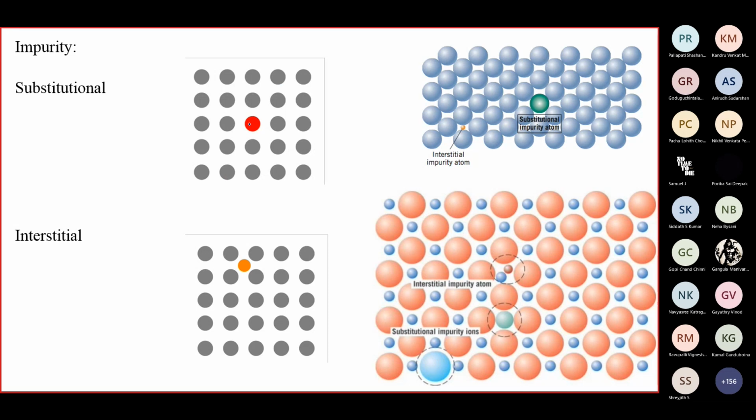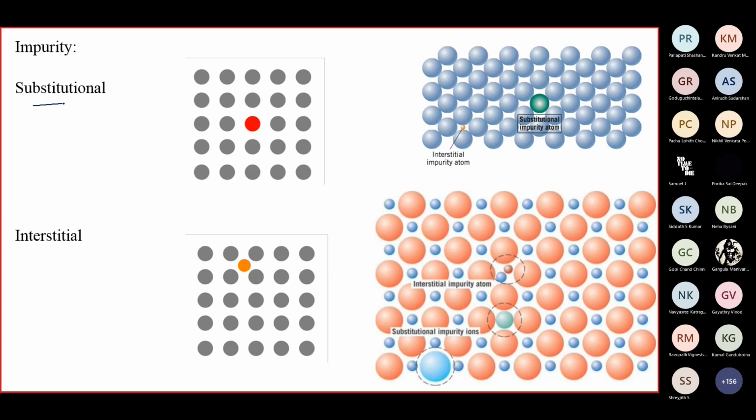But this element exists exactly at the lattice point. So, an atom which used to be here is substituted by another atom. A silicon atom has been substituted by another atom.